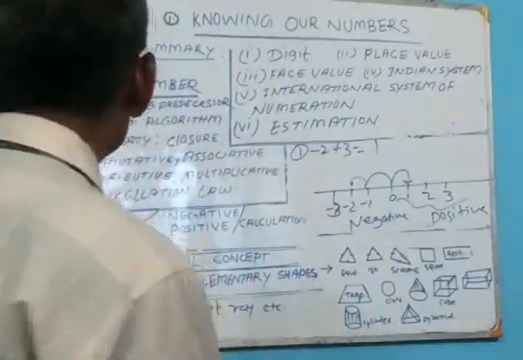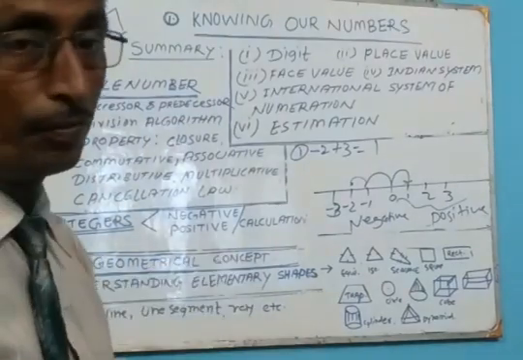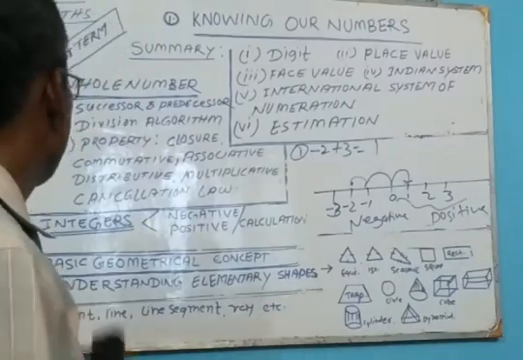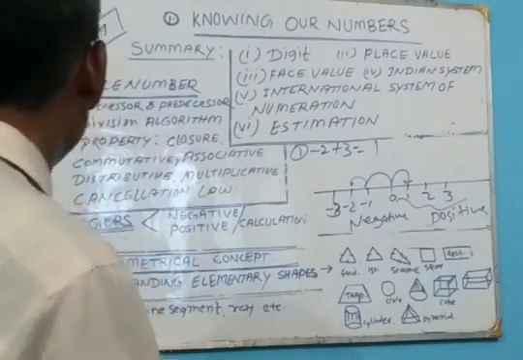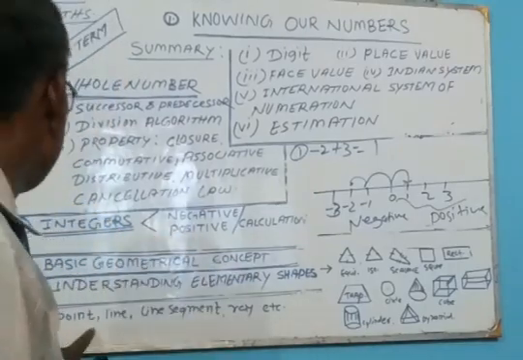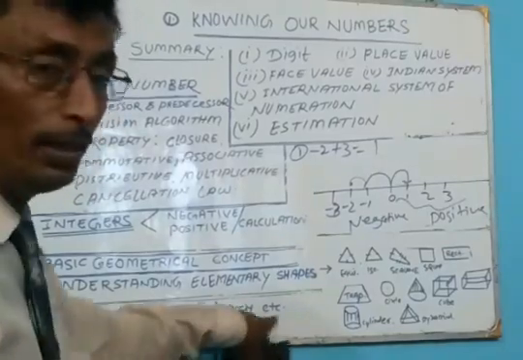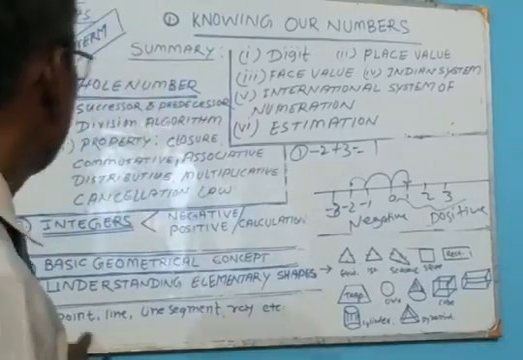Then come on the next chapter, basic geometrical concept. In basic geometrical concept, what are the fundamental points? We have fundamental points: point, line, line segment, ray, etc. Then come on to understand the next step.